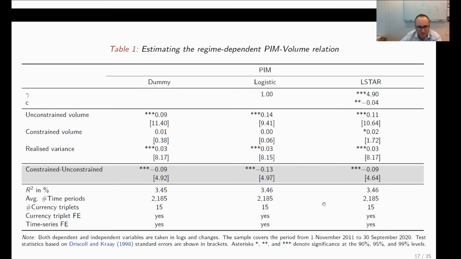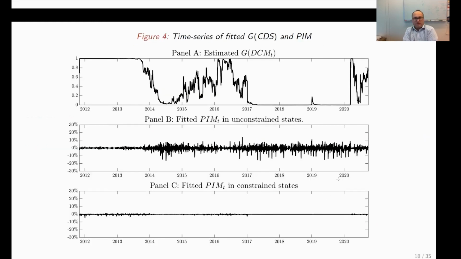What's also interesting is to look at how the regime variable changes over time, because it's quite intuitive as well. So here, panel A shows the estimated G function depending on the lagged exogenous dealer constraint measure. And we can see that in particular, in the early part of the sample, we're very much in the constraint regime.